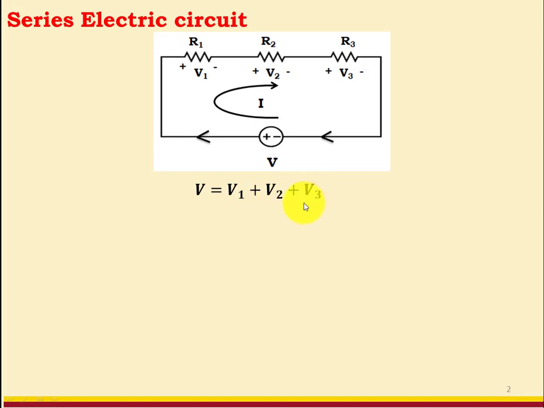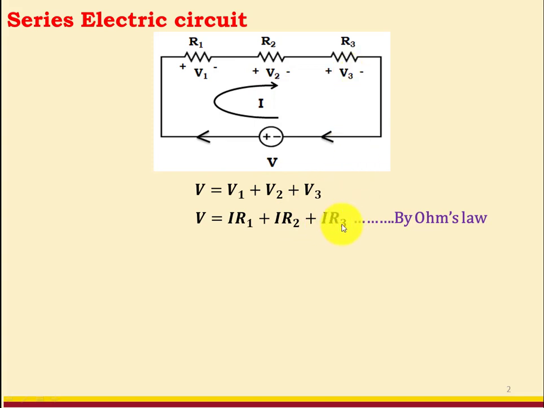Now by Ohm's law, we can write V1, V2, V3 in terms of current I and resistances R1, R2 and R3. So by Ohm's law, we can write V1 as I into R1, V2 as I into R2 and V3 as I into R3.